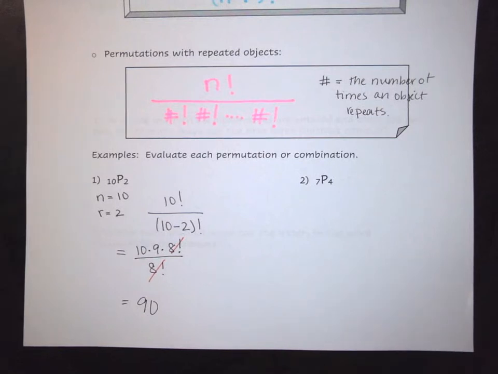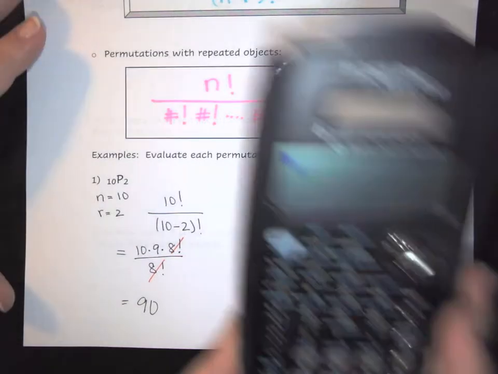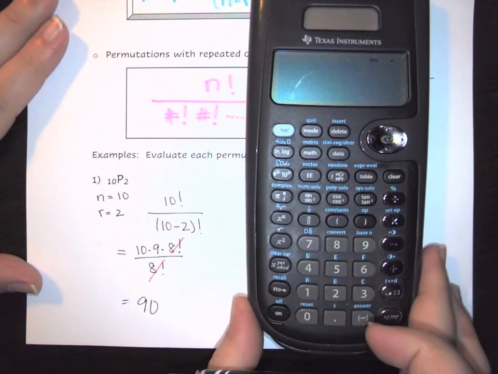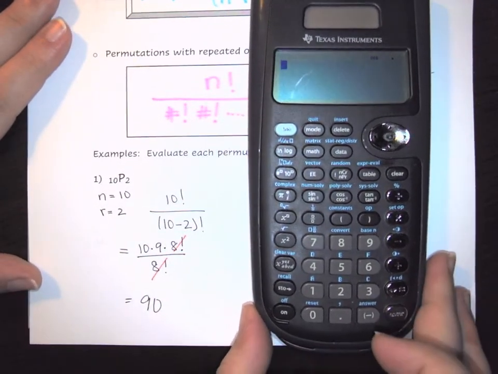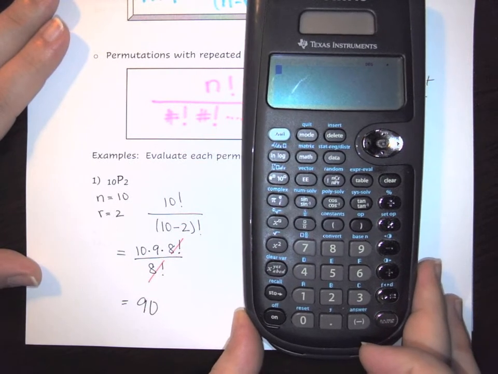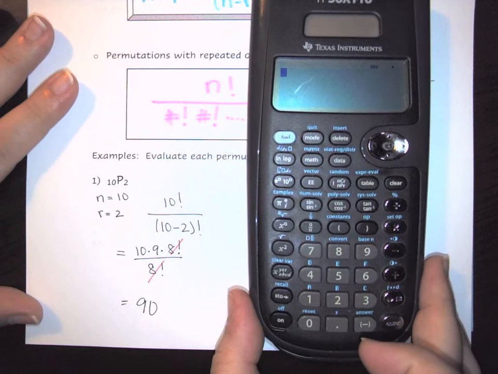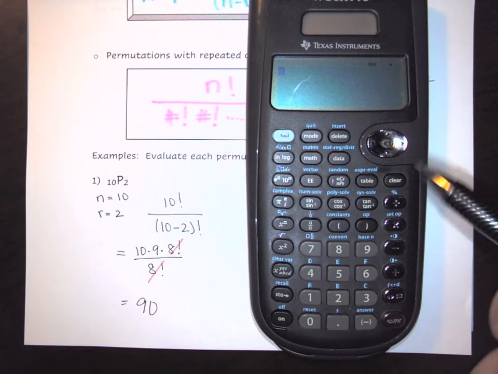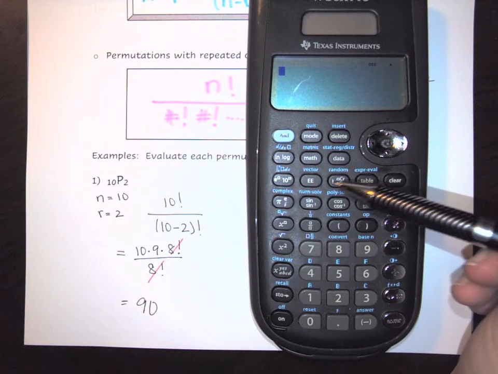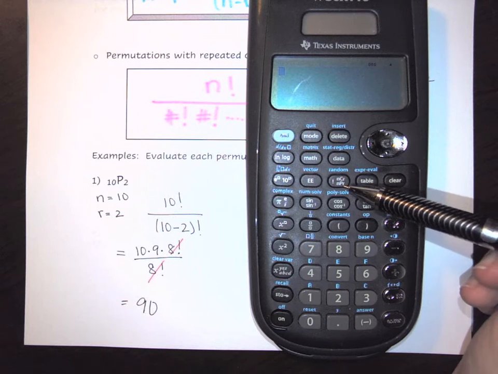Now, with like everything, we can always double check ourselves with our scientific calculator. So here again is mine. Again, yours might not be the same as mine, so you're going to want to make sure that you can figure out how these buttons work for your specific calculator. But in mine, if you notice, I have with my factorial, I have nCr, nPr.